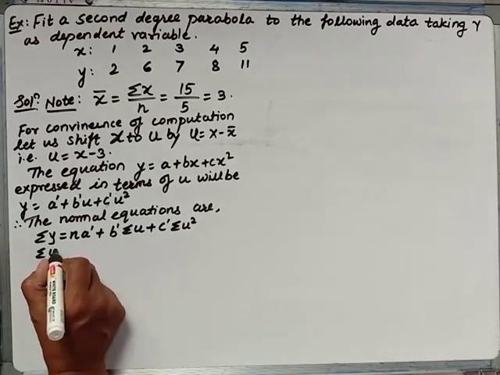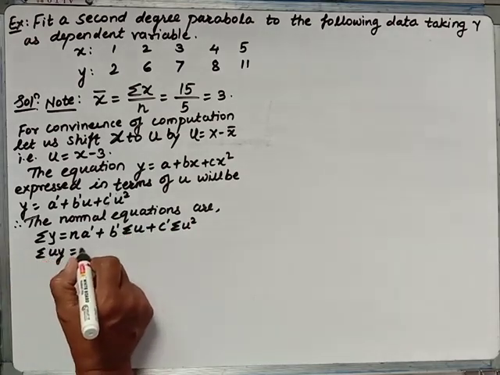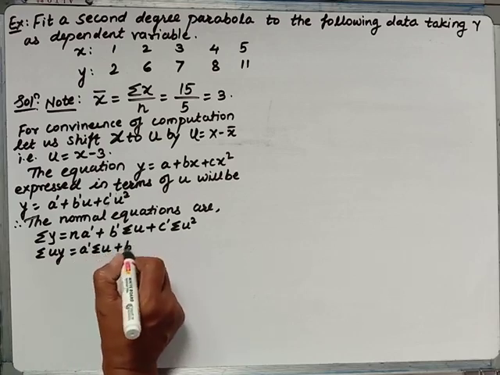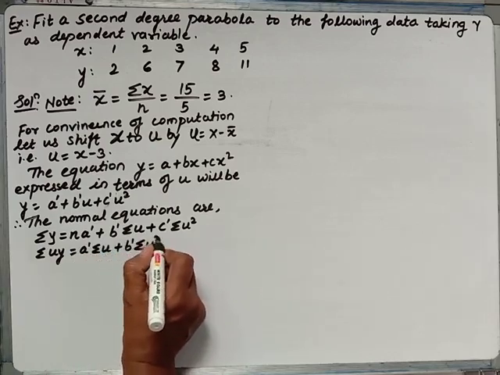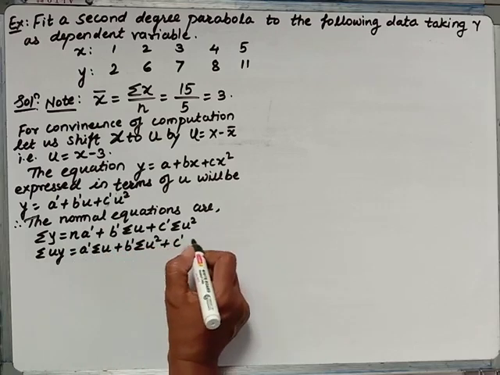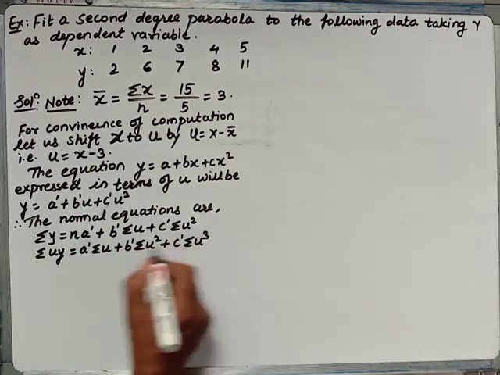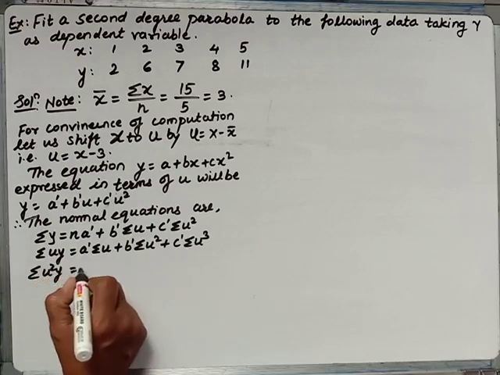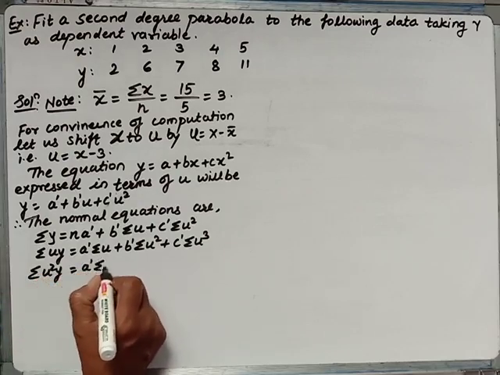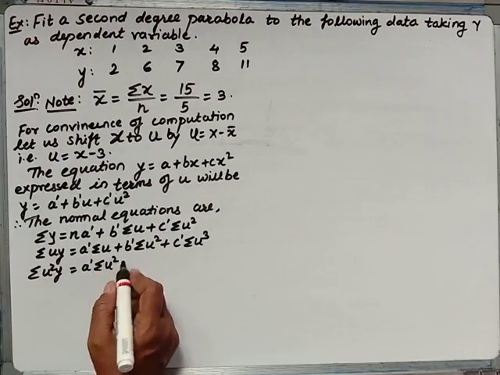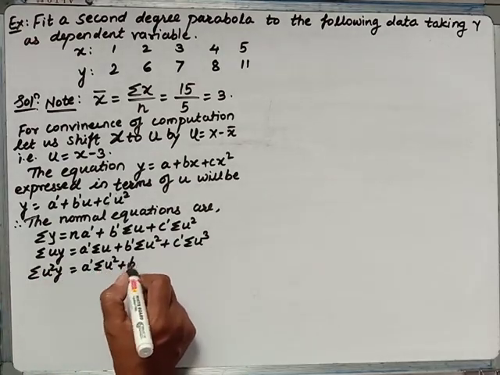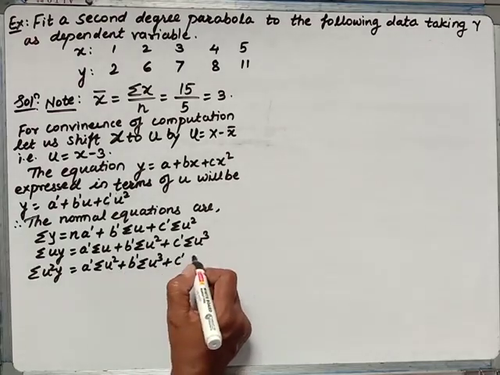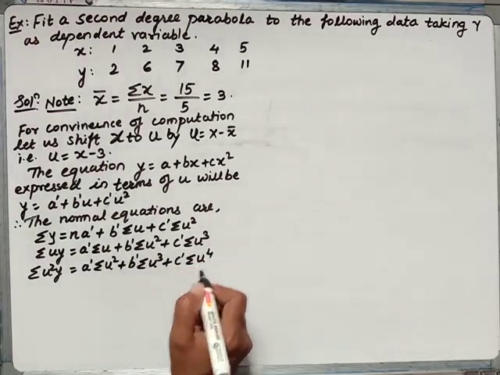Again summation uy is equal to a dash summation u plus b dash summation u square plus c dash summation u cube. Again summation u square y is equal to a dash summation u square plus b dash summation u cube plus c dash summation u raised to 4.